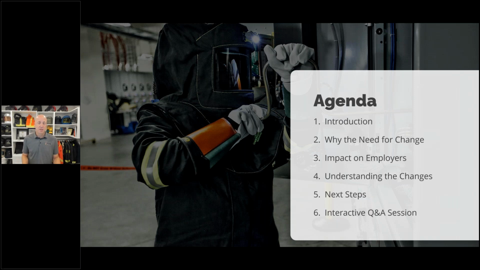I've also thrown in some different elements related to Arc Flash PPE, so perhaps some innovations that you weren't aware of yet. Then we're going to discuss some next steps, so the expectations for you and how you would manage the change that results from the publication of a new standard. And then we're really hoping to have some time at the end for interactive Q&A.